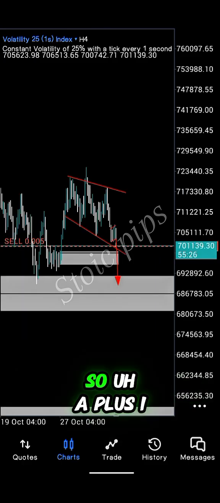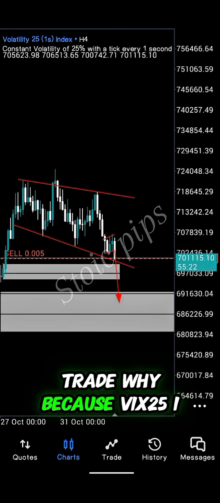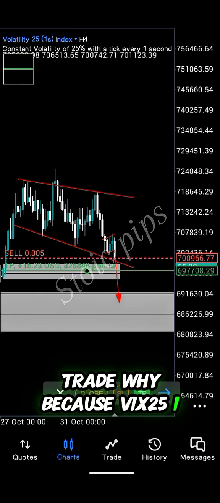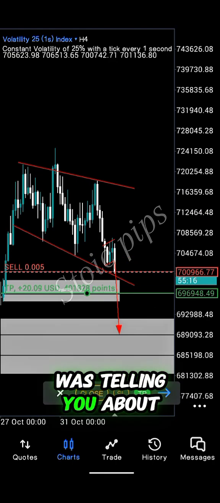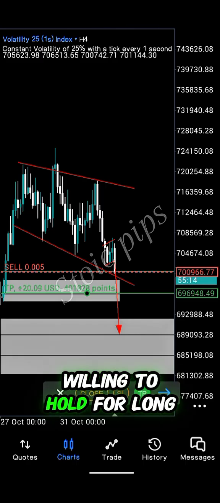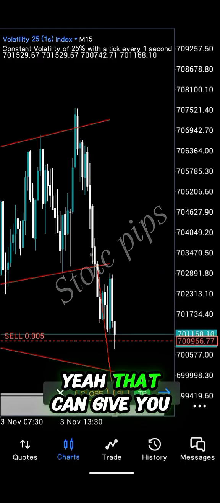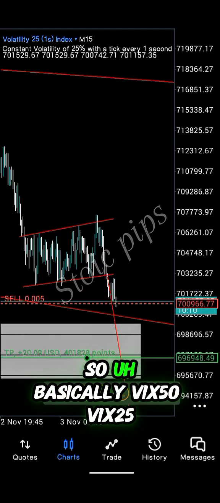Because that will still give you a 1 to 2 risk reward ratio. So I've placed one trade. Why? Because VIX 25 1S is very volatile, and that's the area I was telling you about, in case you are not willing to hold for long. That can give you a 1 to 2.